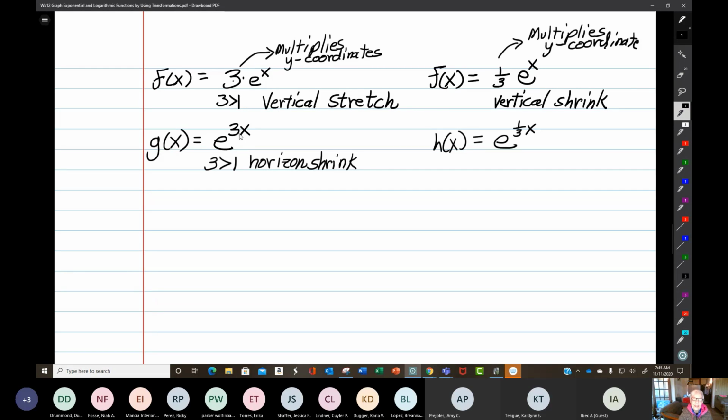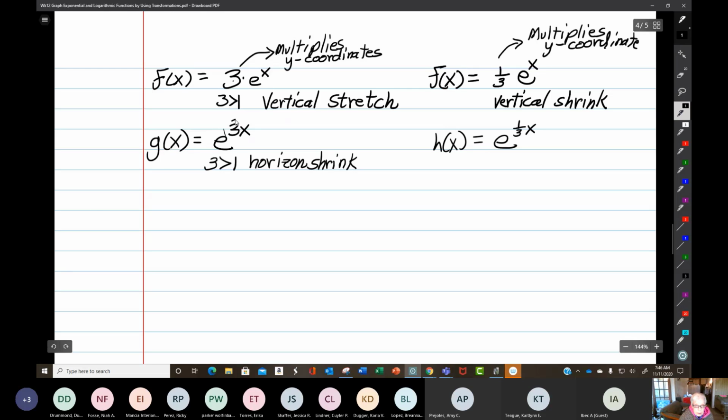Well, down here in the x's, in what we call the argument of the function, wherever the x is, the argument of the function, what happens is this number, whatever it is, divides the x coordinates.